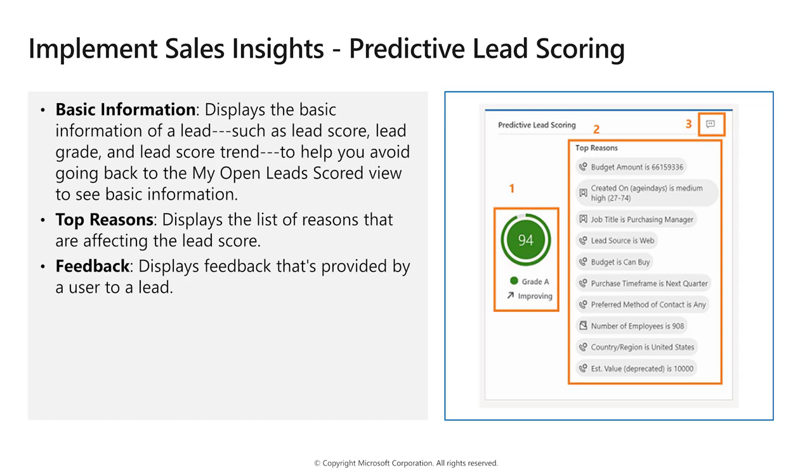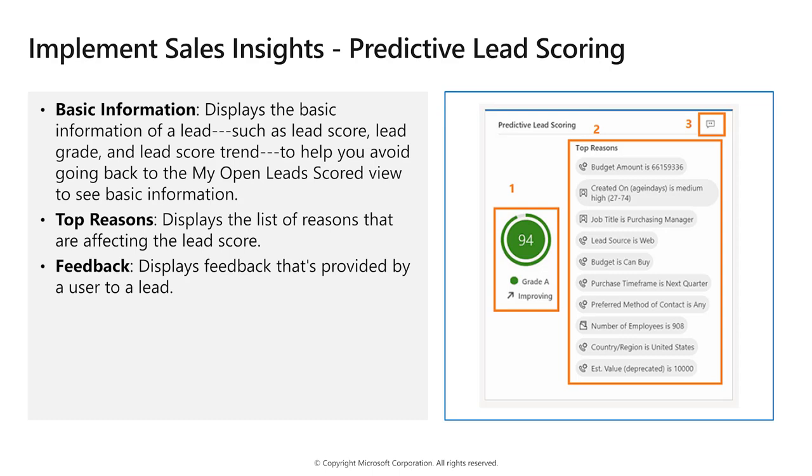Now, when I'm looking at this, this model assigns a score between 0 and 100 for leads based on the signals from leads and related entities such as contacts and accounts. Using these scores, you can identify and prioritize leads that have more chance of converting into opportunities.